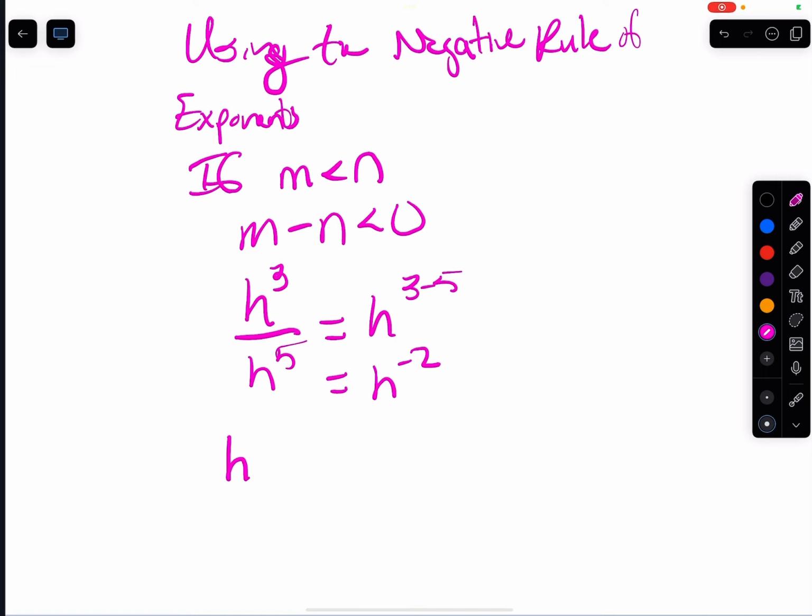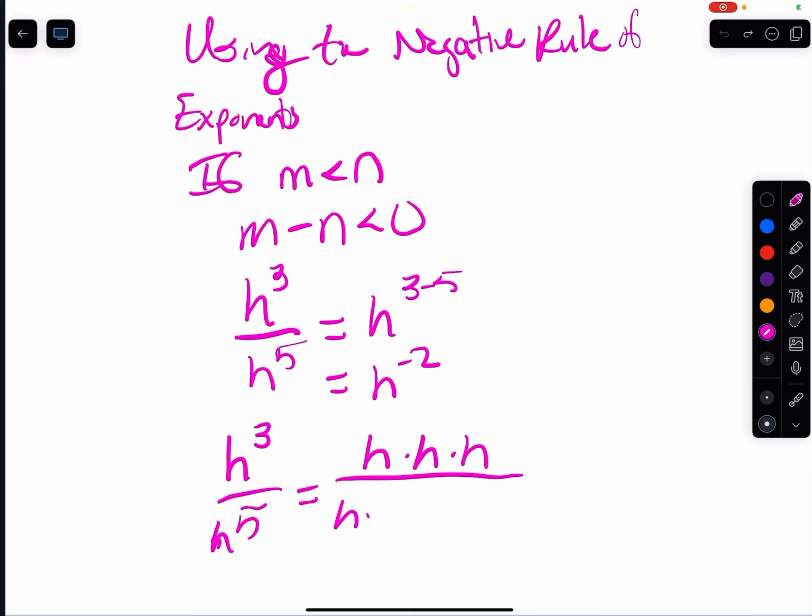Let's rewrite it again. H to the 3 over h to the 5. That's really h times h times h divided by h times h times h times h times h. So we have 3 factors of h in the numerator and 5 factors of h in the denominator.